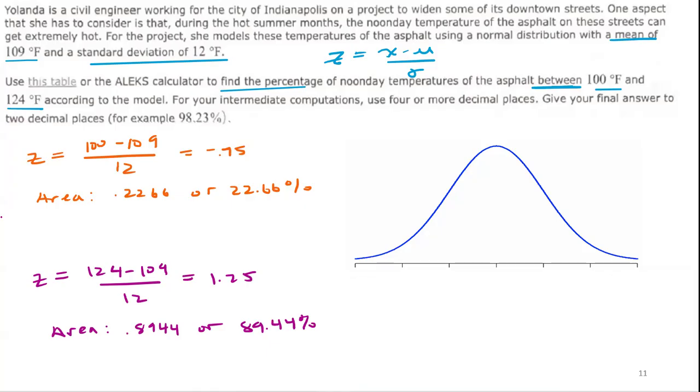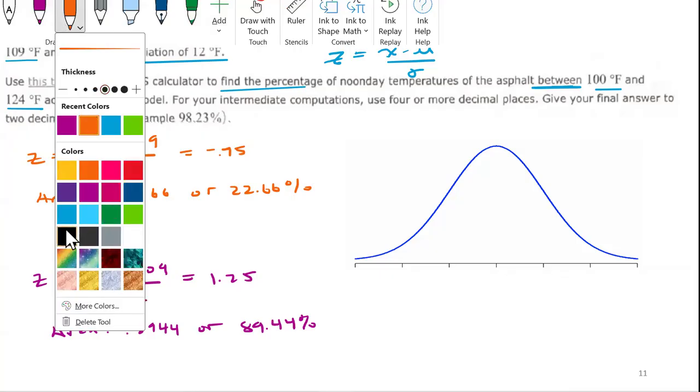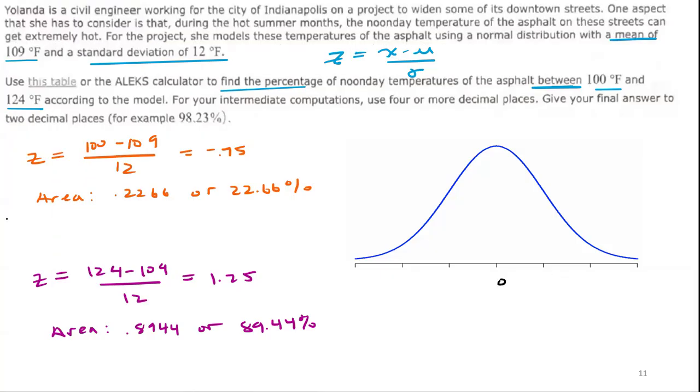Let's go ahead and mark those off on our chart here. There's 0, 1, 2, 3, and -1, -2, -3. What we want is the area between. Negative 0.75 is closer to 1, so here it is, and 1.25 is right here.